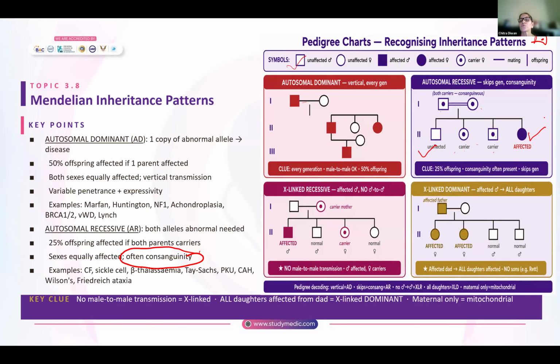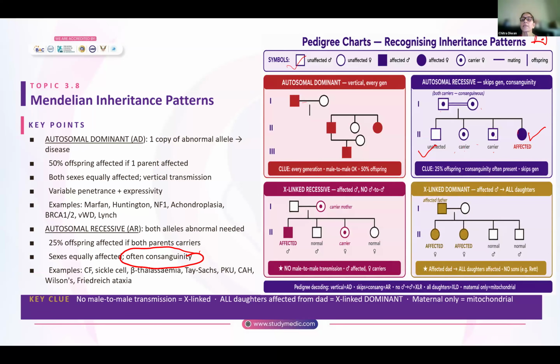So they have shown here that this is an affected female. It could be an affected male also because it is autosomal. There is no question of X-linked or Y-linked. It is autosomal, so males and females are equally affected. And remember that the person has to have both the abnormal alleles to show the disease.